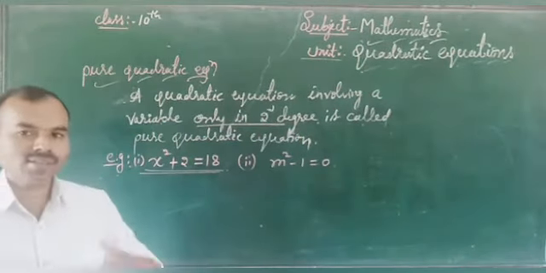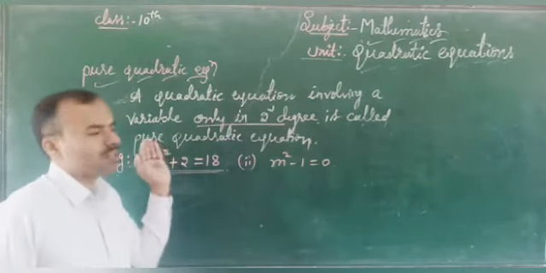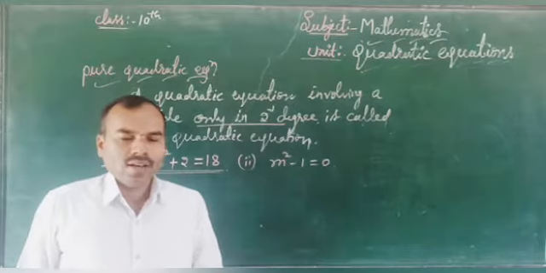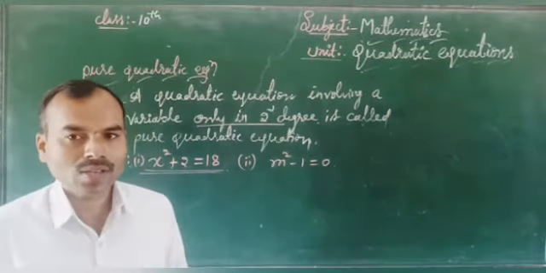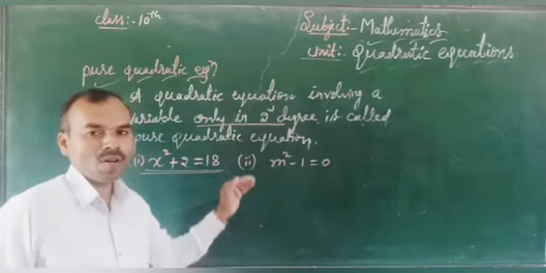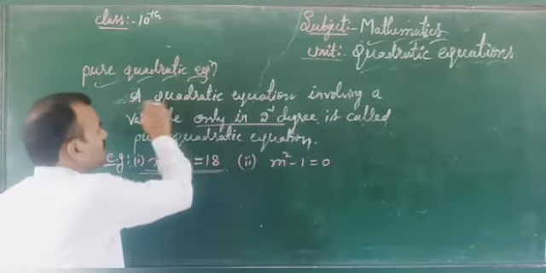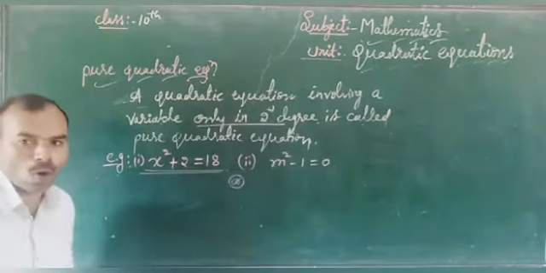Similarly, you can write other examples. This is the definition for pure quadratic equations. We also define it in general form. So first take down the general form of a pure quadratic equation.